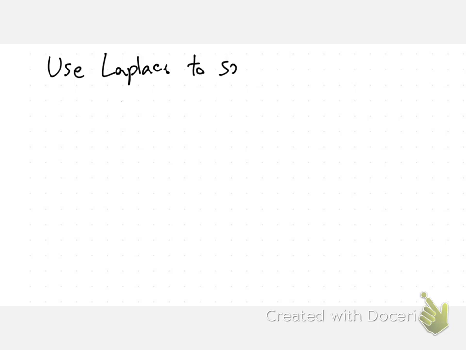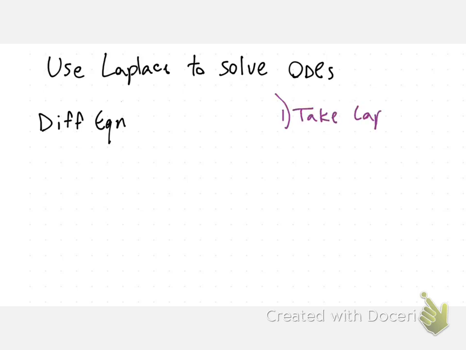So now we want to use the Laplace transform to solve ODEs. You should have learned this in your math class. It's a prereq for this course, but let's go through the steps one more time. We have some sort of differential equation that we want to solve, and we know that we can solve it by taking it to the Laplace domain. So let's go ahead and do that. We'll take the Laplace transform of our differential equation, and we're going to use superposition to make it easy.